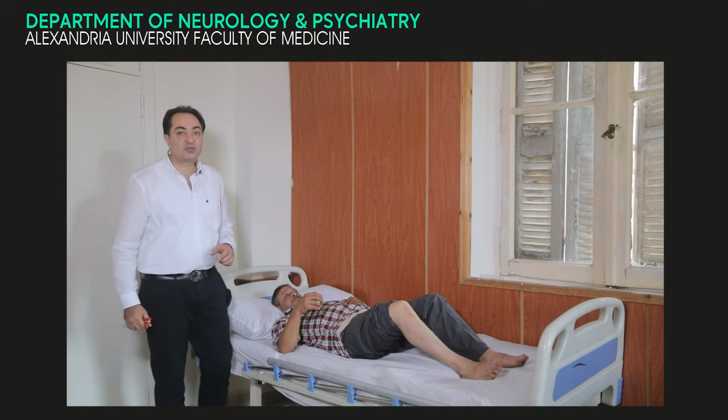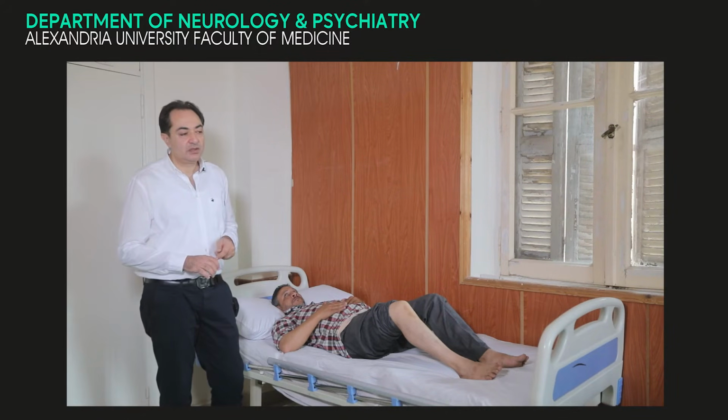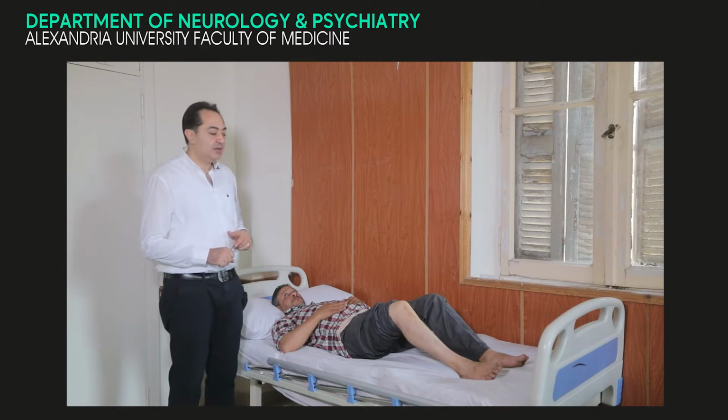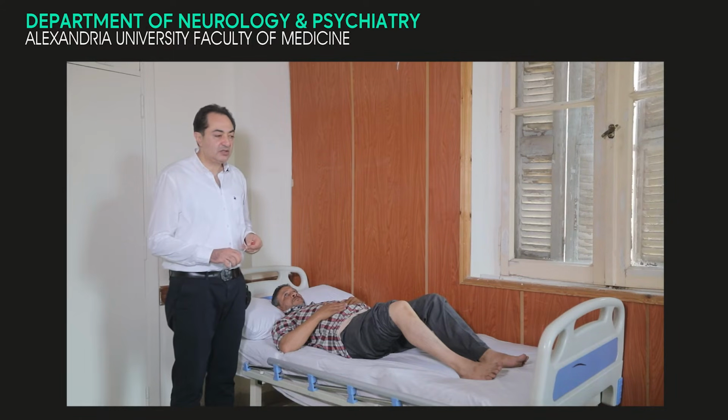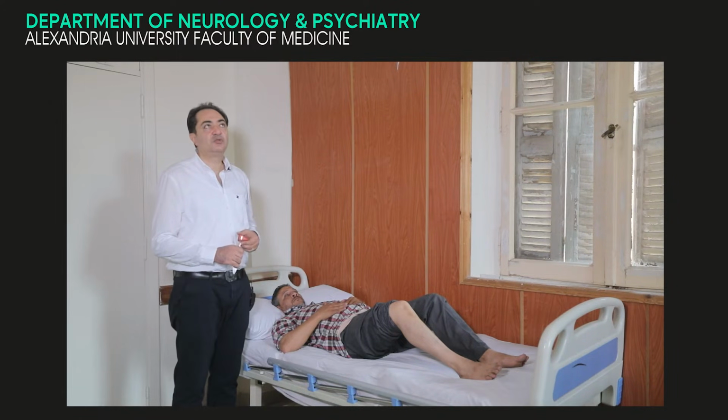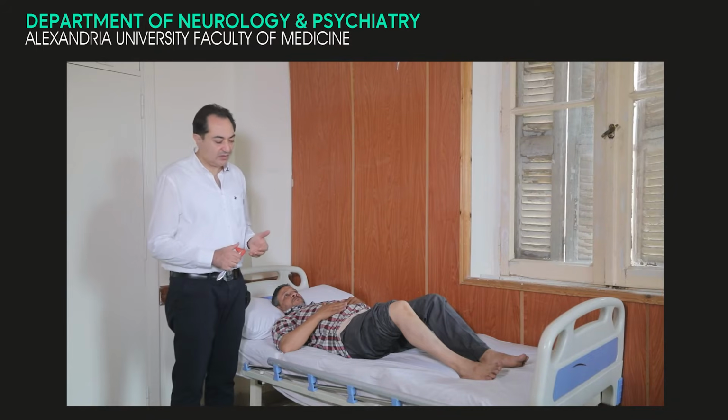If the patient starts to move his lips like this, it's called the snout reflex. These are frontal release signs and indicate pathological lesions in the frontal lobe. And usually these reflexes are present in infants, and they disappear after the age of 6 months. They should not persist until adulthood.